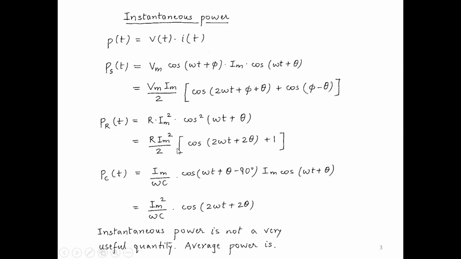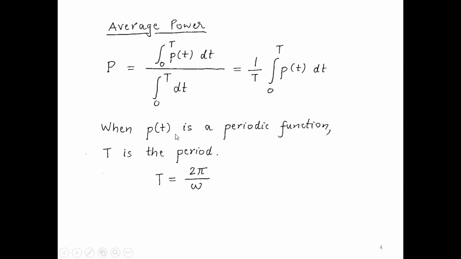Now, I don't know how much of this you've done before, but instantaneous power in AC circuits is really not a useful quantity. We really don't care to know how the power is varying at each moment of time. We really want to know how much average power the circuit is consuming. So let us define and calculate average power.